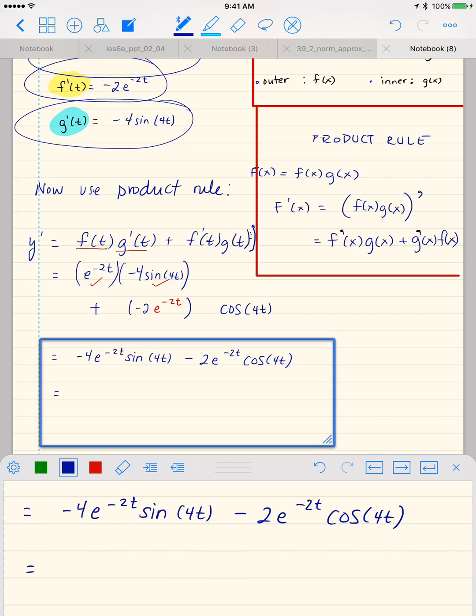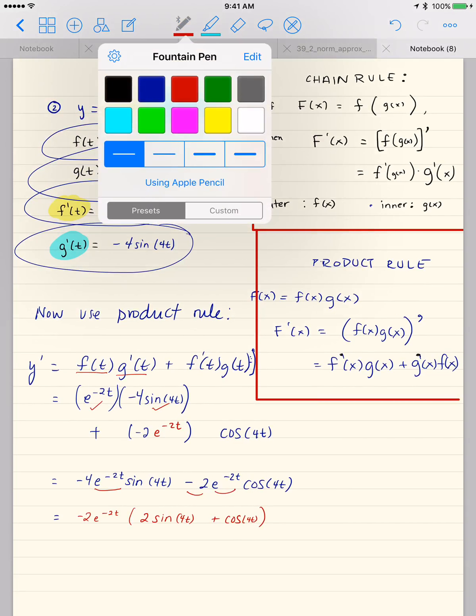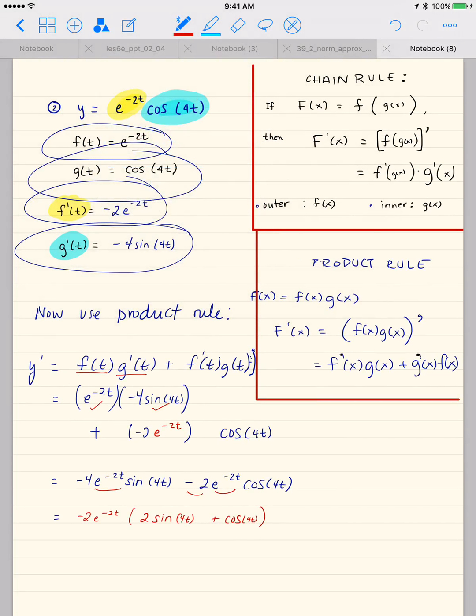And now I can pull out the factor of e to the negative 2t and a factor of negative 2. So I have negative 2 e to the negative 2t times 2 sine 4t plus cosine 4t. Okay, so that is it.